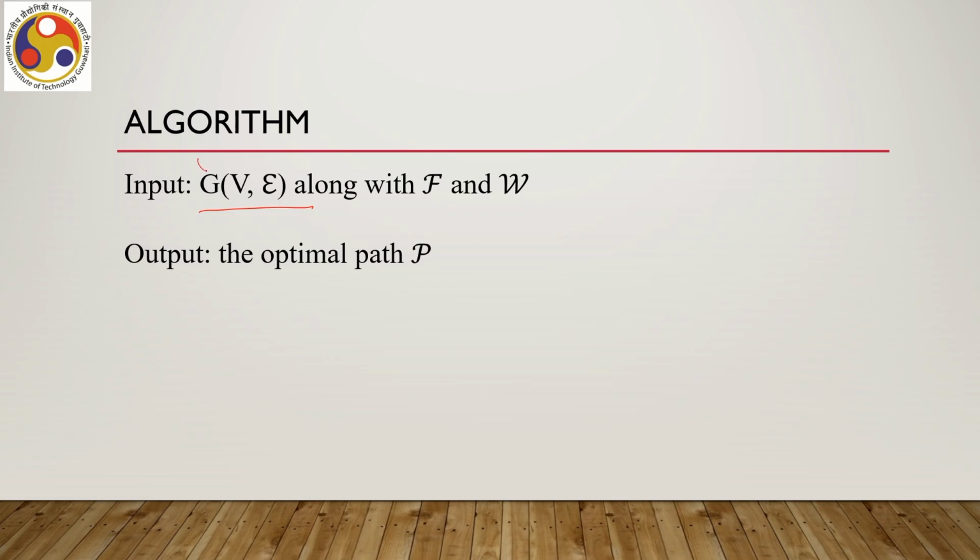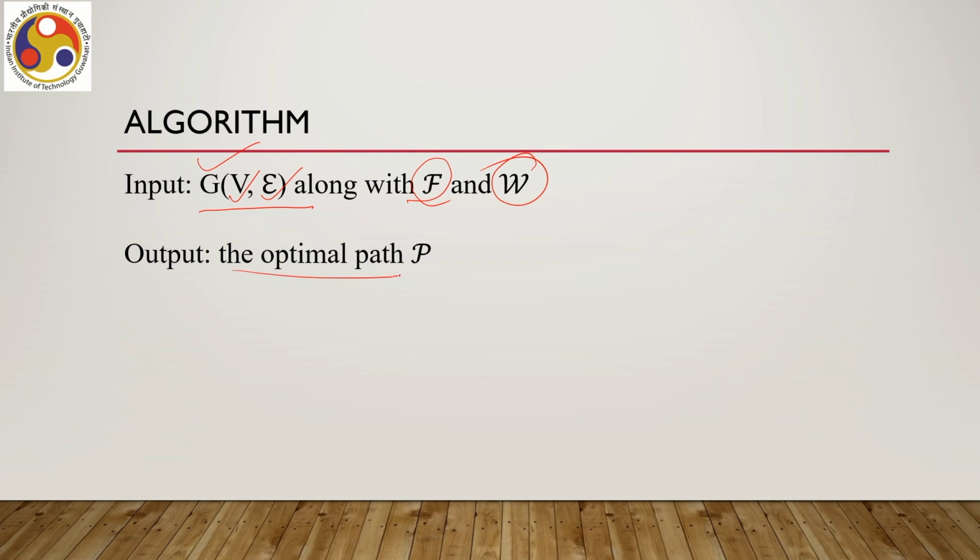So, we have this original graph G having the vertex set V and edge set E, along with the importance F and waiting time W specified for each of the nodes.